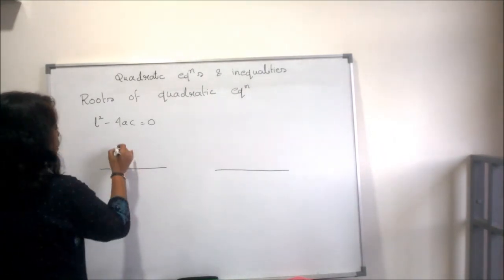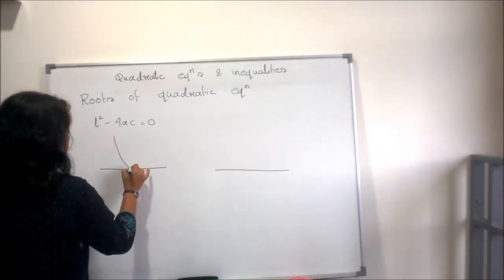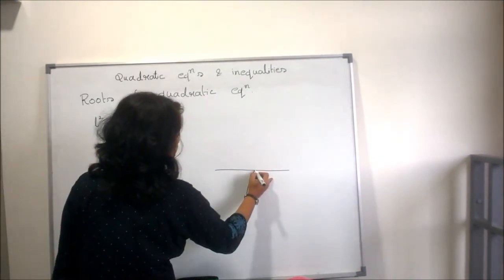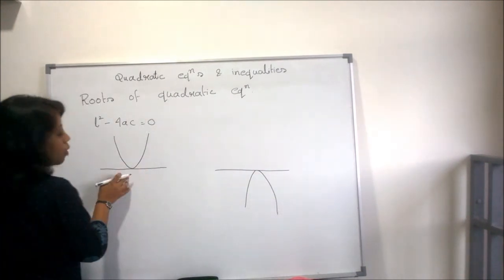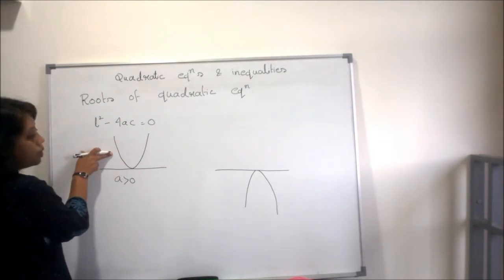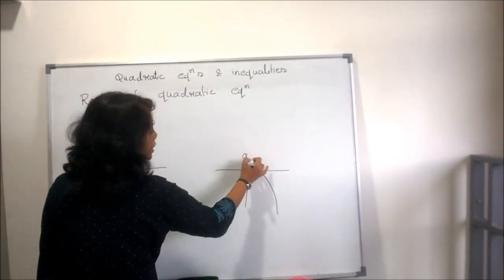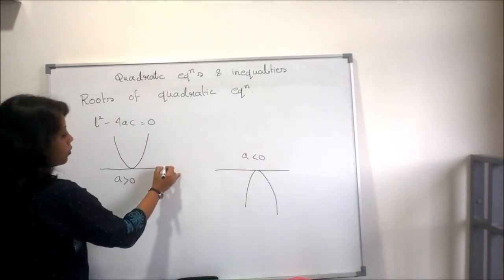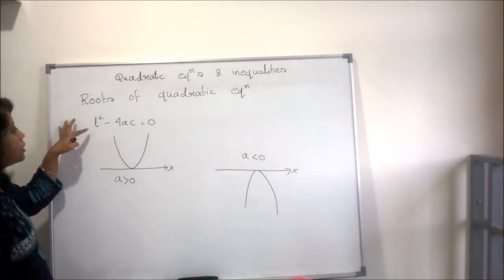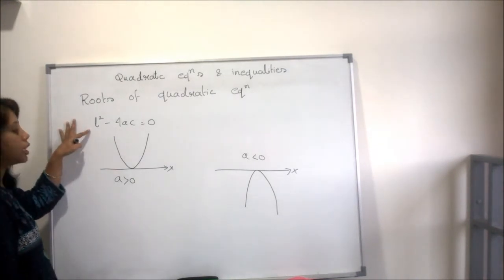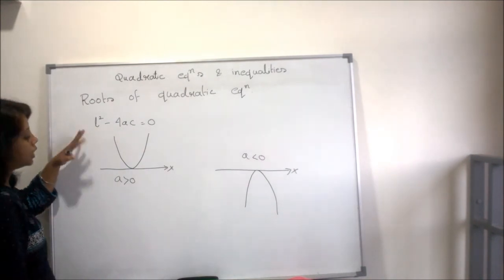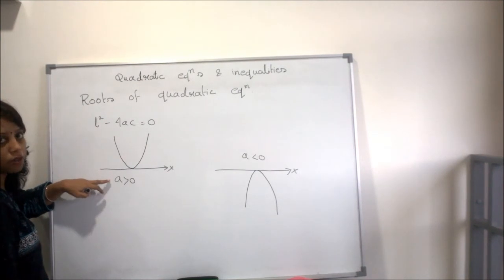In that case, our graph will be of either this form or this form. When a is greater than 0, the graph will be in that form. When a is less than 0, the graph will be in that form. This is our x-axis. So when the discriminant is equal to 0, the graph will touch the x-axis at only one point. Its direction depends on the value of a.